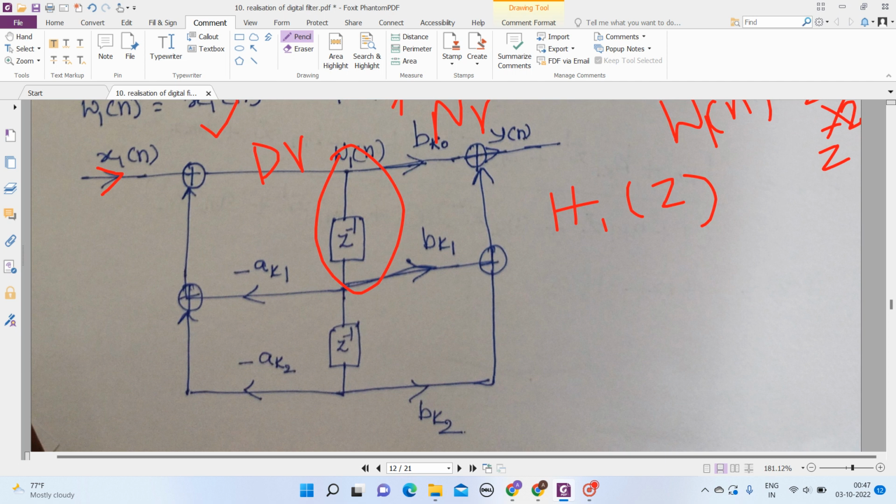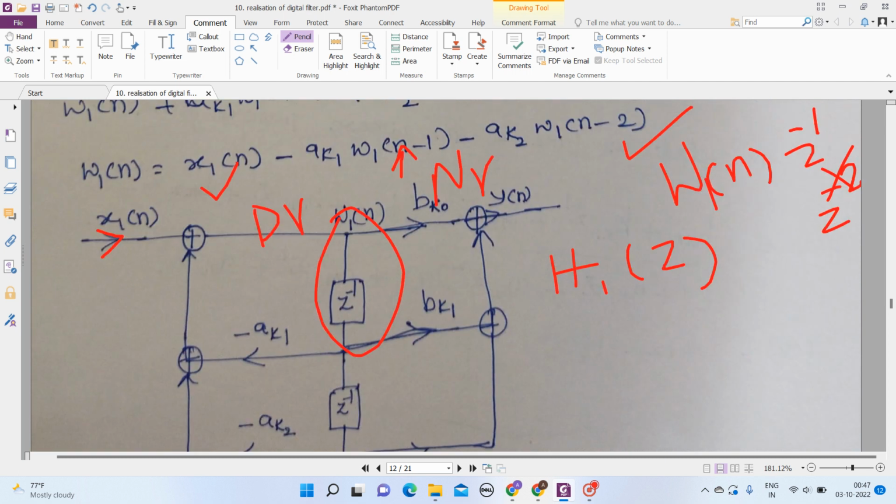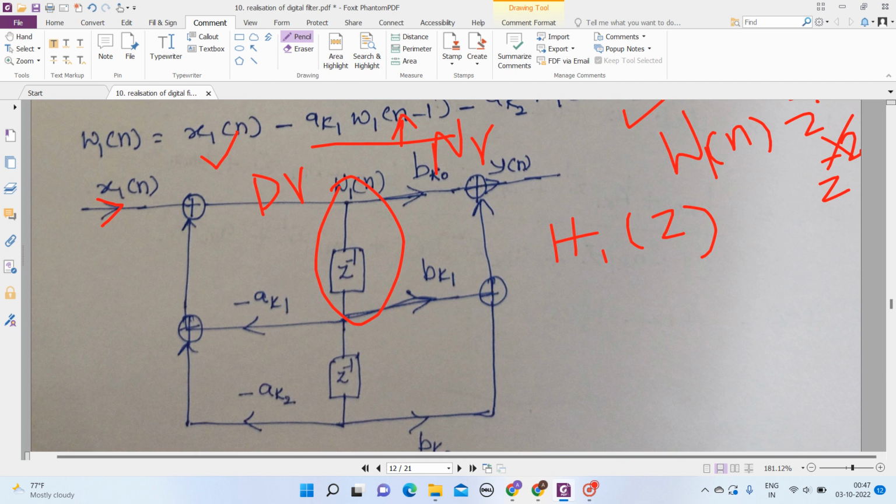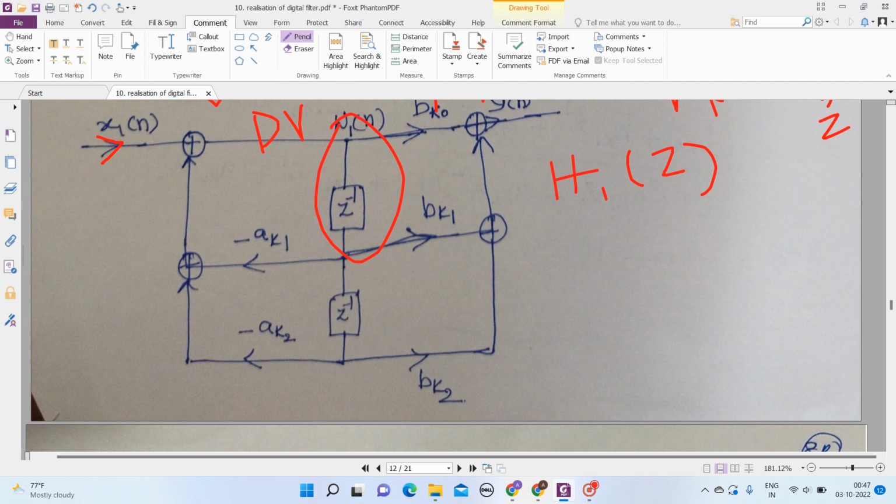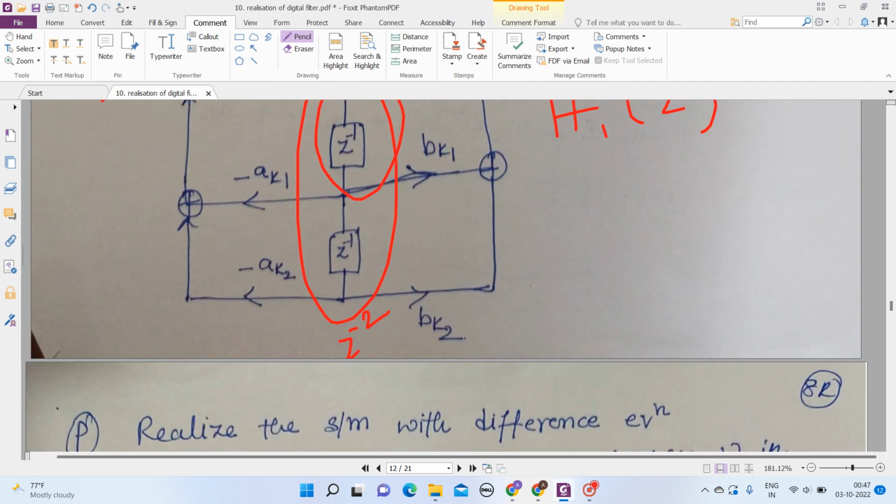That term is multiplied with minus a subscript k1, and I got this term. Again I am going to add with this. My second term is W1 of n minus 2. If I write another z inverse here, the output of this branch is z to the power of minus 2 and W1 of n.